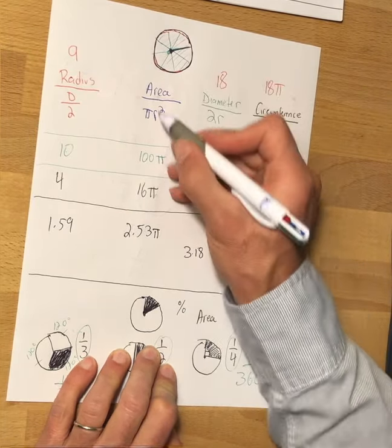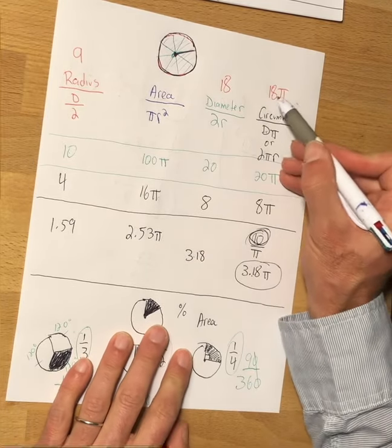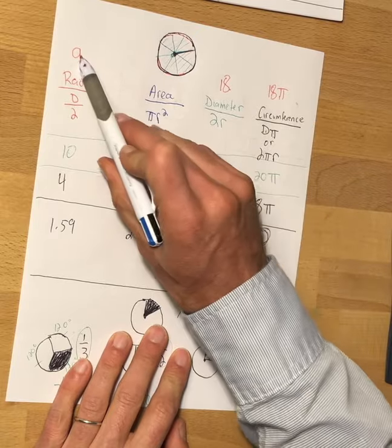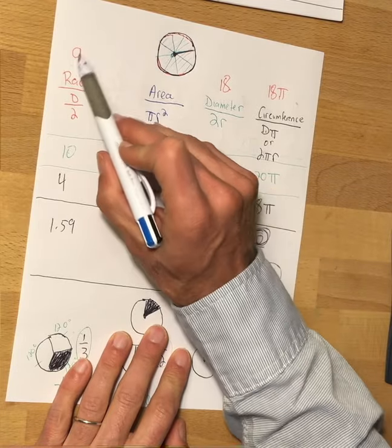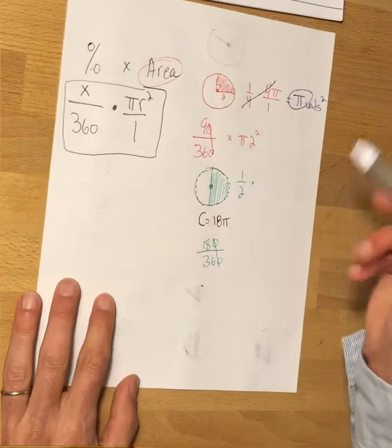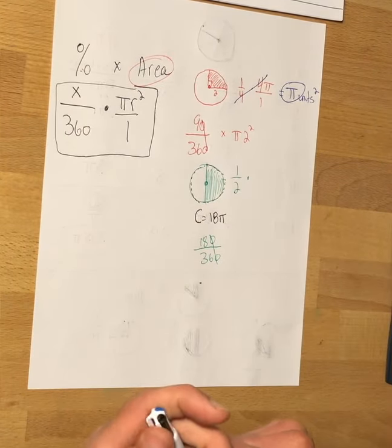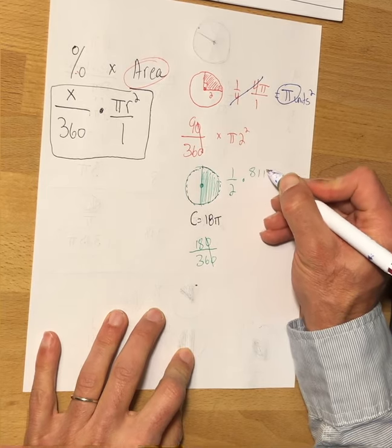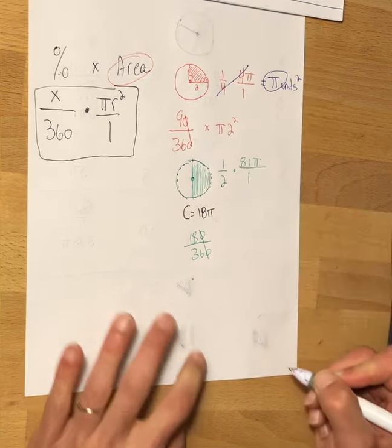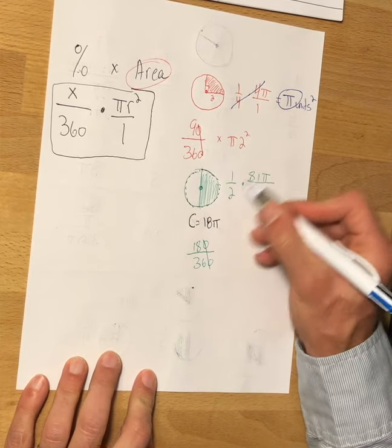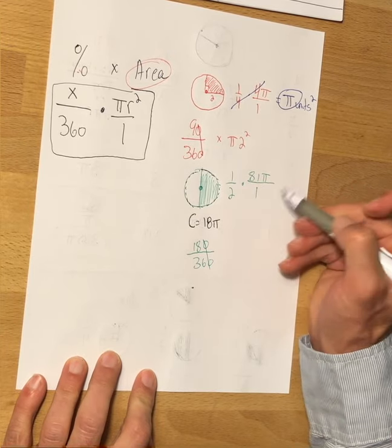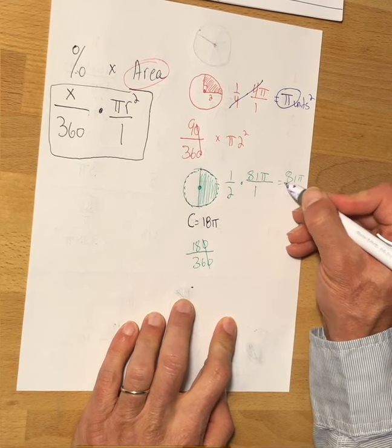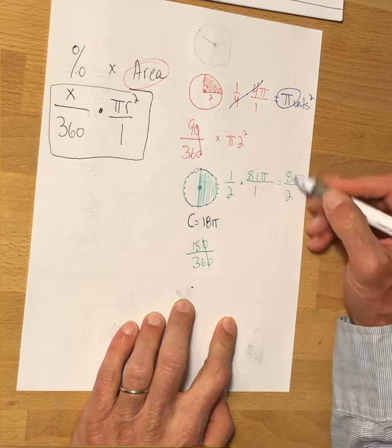And the area is pi r squared, which is going to give me 9 squared, 81 pi. Now, 81 and 2 don't reduce, so just leave it like this: 81 pi over 2.